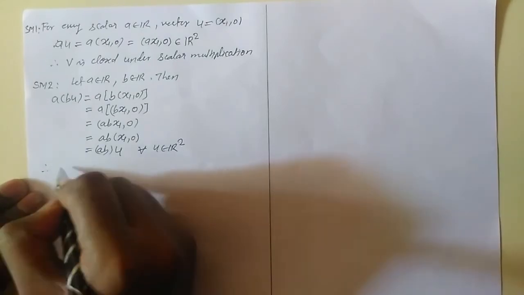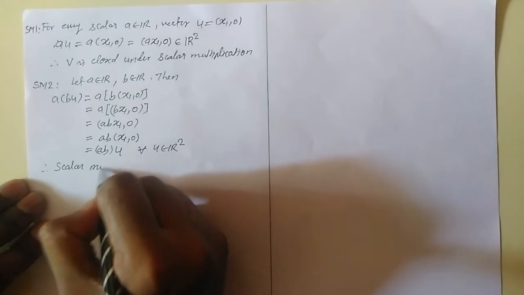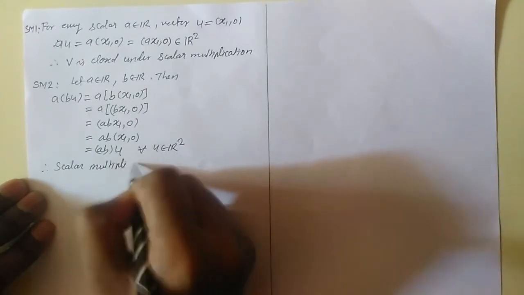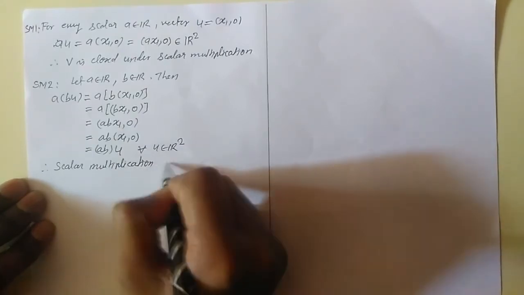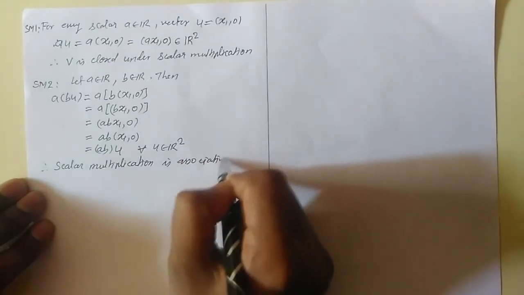Therefore the scalar multiplication is associative.